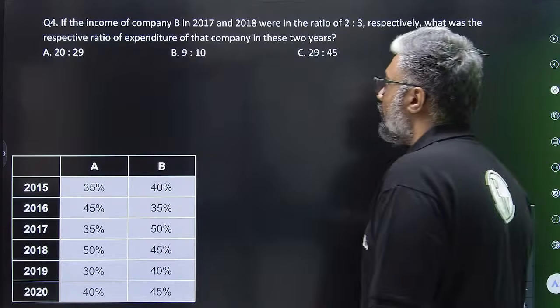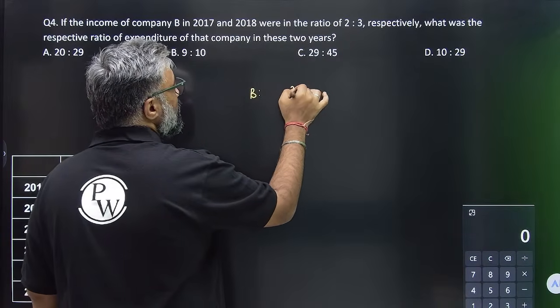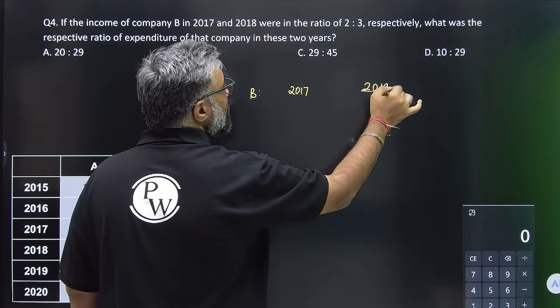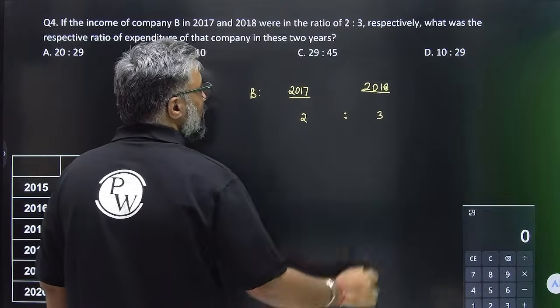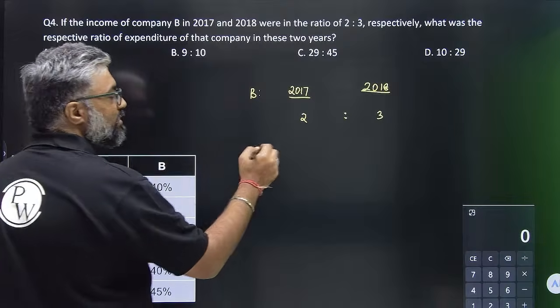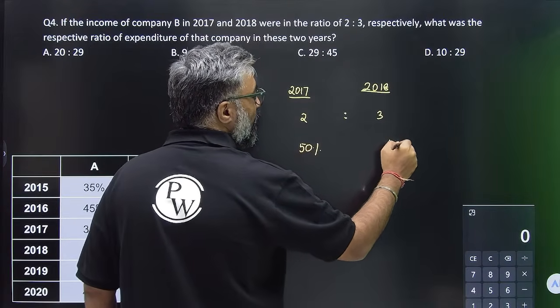Let's see. So company B in 2017 and 2018, again they've given us the ratio, which is 2:3. Company B in 17 and 18 had 50% and 45% profit, correct?